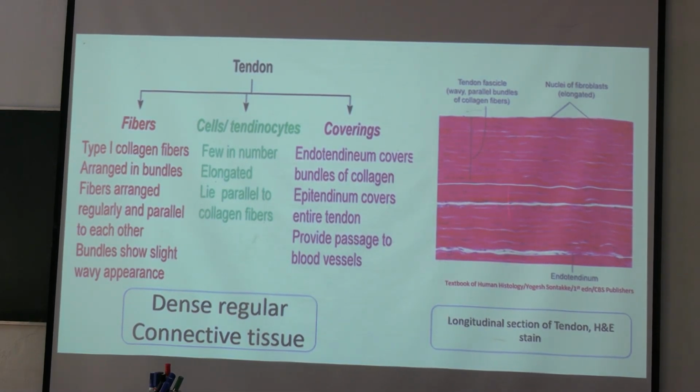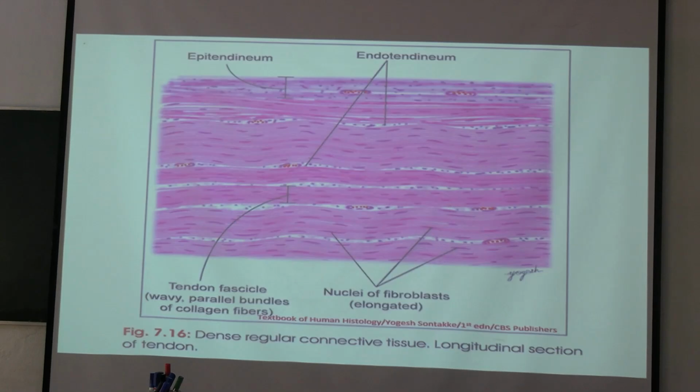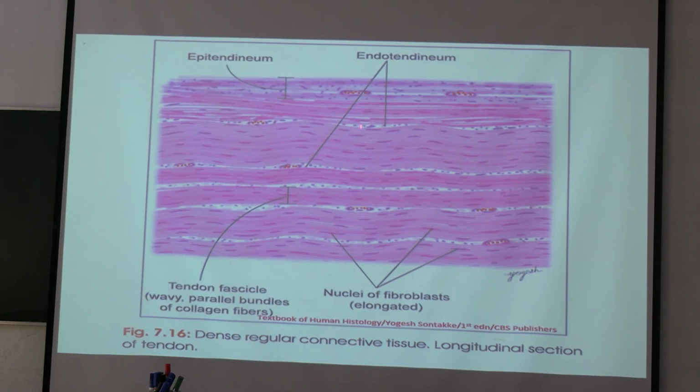This is a section through the tendon. Here it will look like this. These are the collagen bundles and these flattened nuclei are of the fibroblasts. This is the endotendinium covering individual fiber bundles, and within it we can see sections of blood vessels.